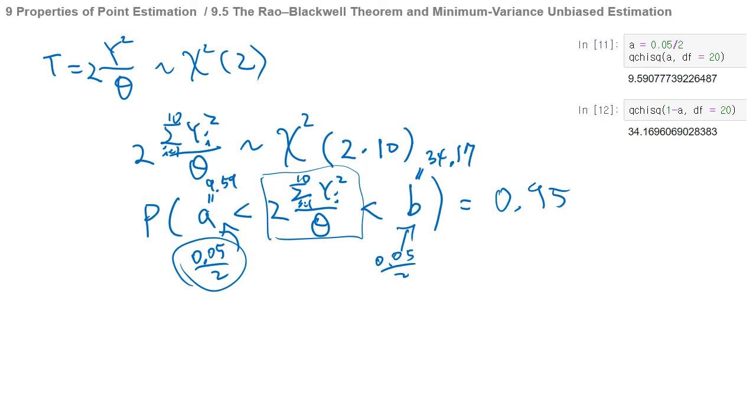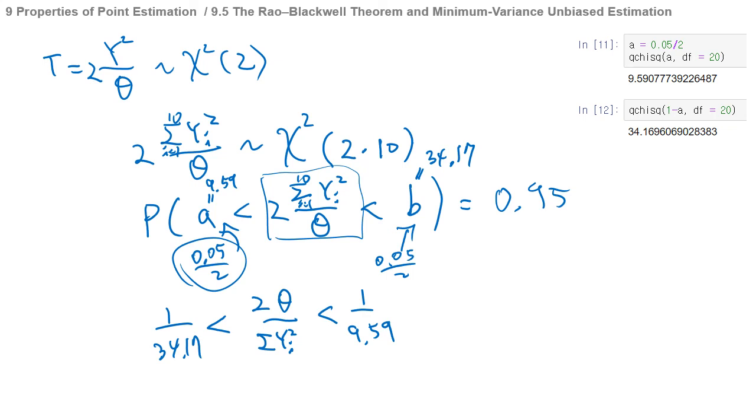So from now, 2 times the sum of Yi squared over theta is between 9.59 and 34.17, so theta is between the sum of Yi squared over 2 times 34.17 and the sum of Yi squared over 2 times 9.59.